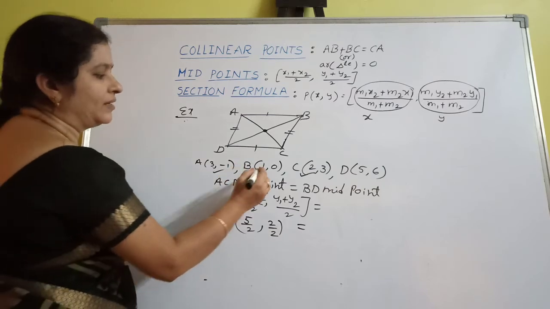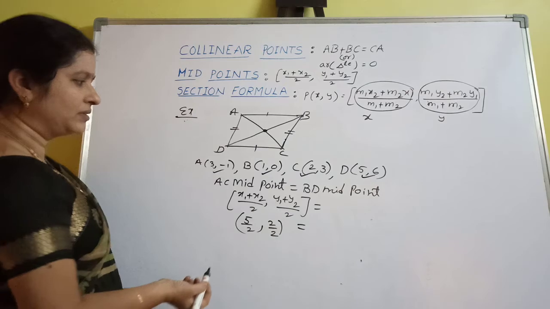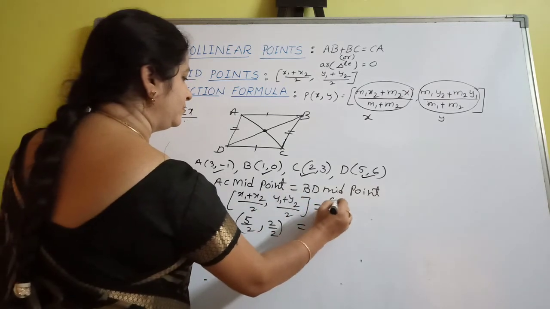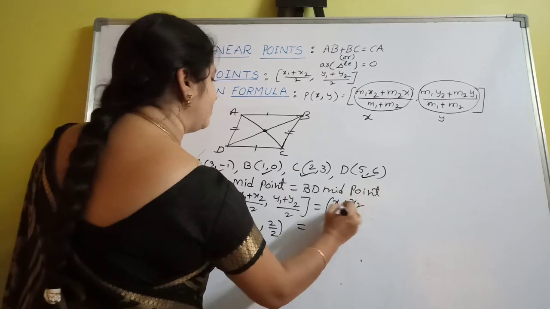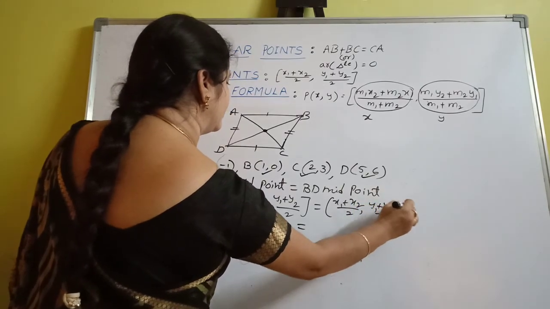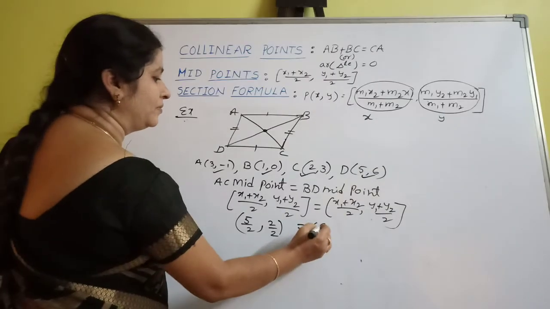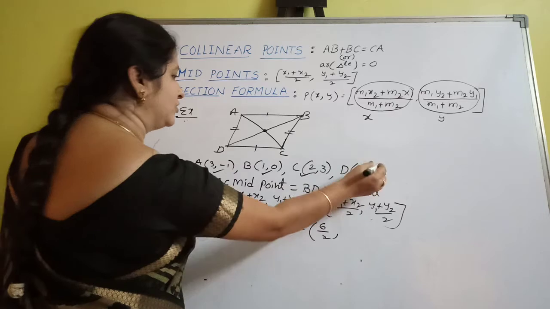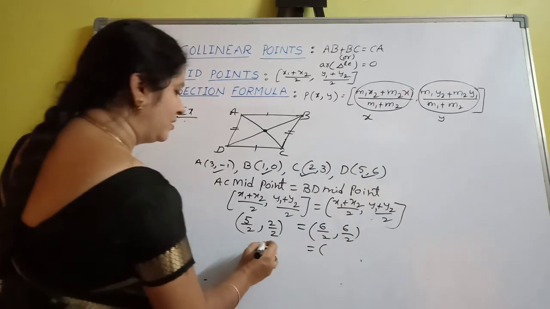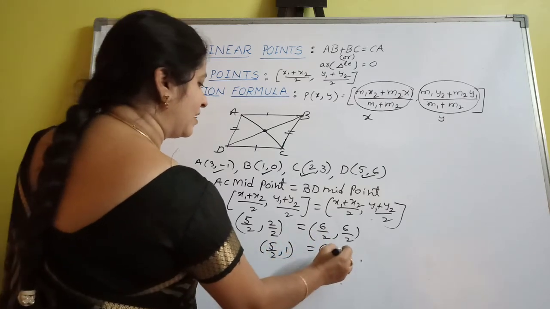What are the vertices of BD? 1, 0 and 5, 6. So 1 plus 5, 6 by 2, and 0 plus 6, 6 by 2. Here we got the answer: this is 5 by 2 comma 1 and this is 3 comma 3.